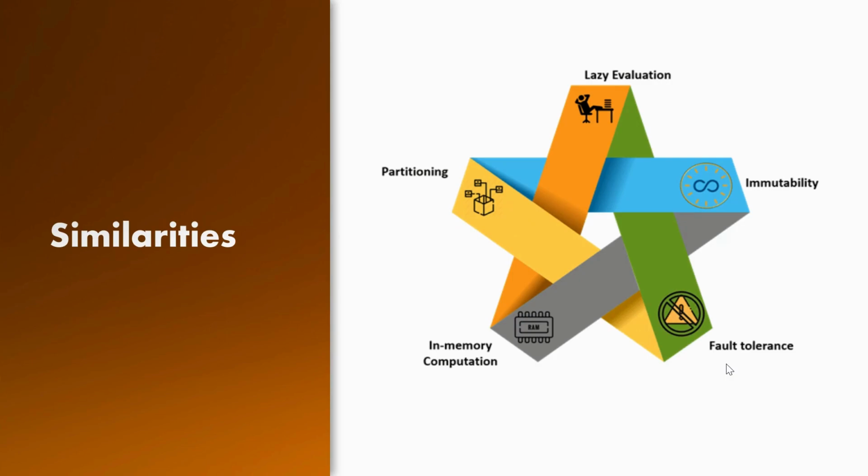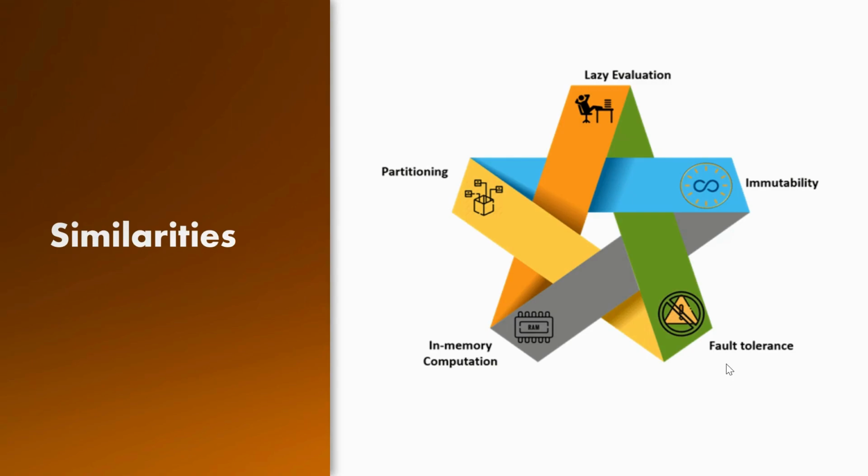Let's say the data is lost in any partition. How can you recover that? You can recover it because of the features of immutability and lazy evaluation. You have your DAG, you execute the complete DAG, and as the parent data frame or data set is not changed, you can get your data back, do all the transformations and actions, and get your results as well.